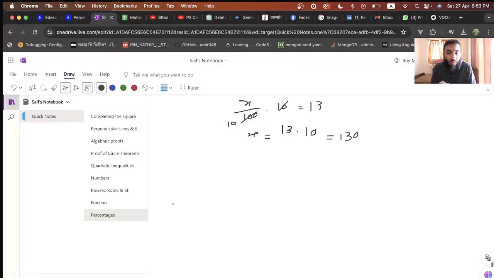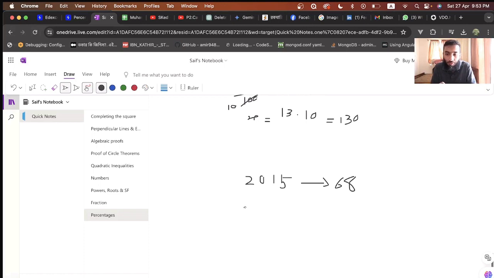So the information given here is, in 2015 the patients waited on average 68 minutes. And in 2015, they waited 11% less time than in 2014.